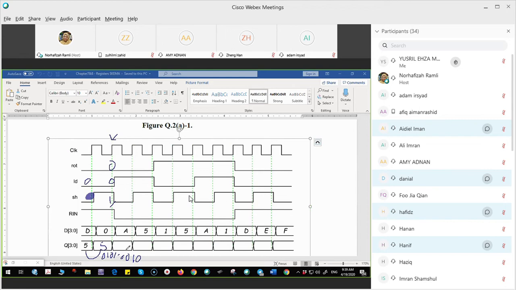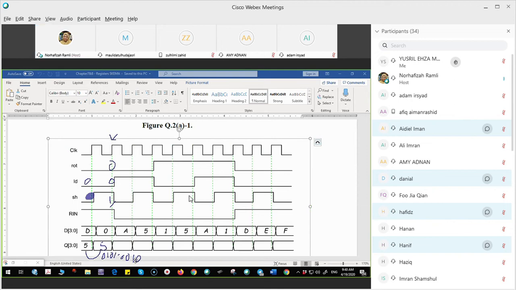Tell me how do we get A here? Here the next clock, here is 0. Load is 0, so you got load 0. This is 1 shift, so 1. Oh, you shift right. When you shift right, 0, 0, 0 coming in.